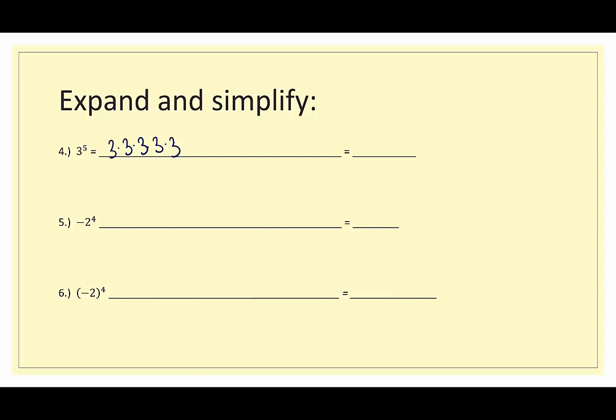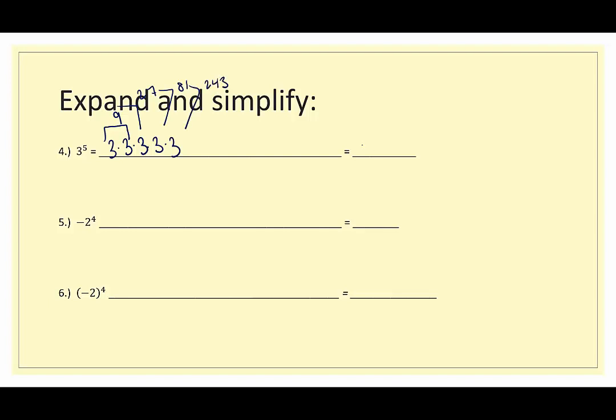Now when we multiply, we can only ever multiply 2 numbers together at a time. You can't do 3 times 3 times 3 at once. You have to do 3 times 3, and then you can multiply the third 3 by the product of the first 2. However you want to do this, the 2 most common ways to multiply this by hand is to just go from left to right. 3 times 3 is 9. 9 times 3 is 27. 27 times 3 is 81. 81 times 3 is 243.